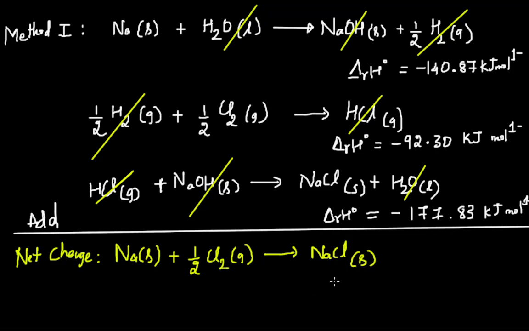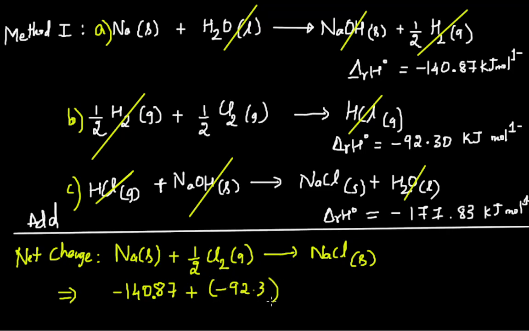So to get this, all you need to do is add these. I want to call them step A, step B, and step C. Now if you add the enthalpy changes involved in each of these steps, you end up getting minus 140.87 plus minus 92.3 plus minus 177.83.